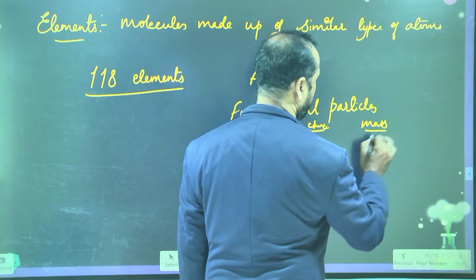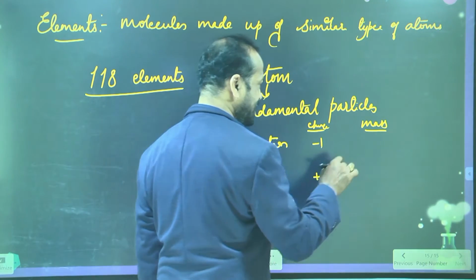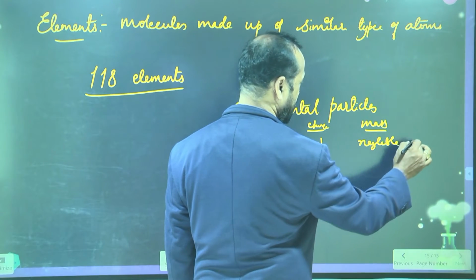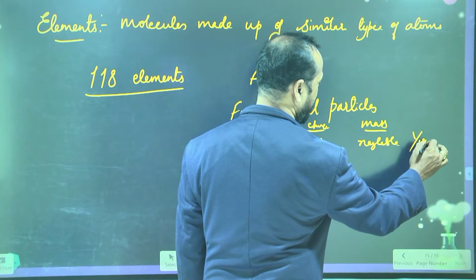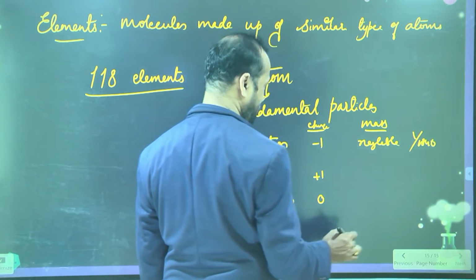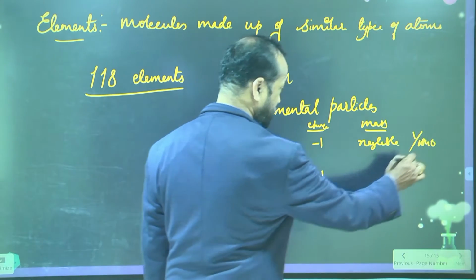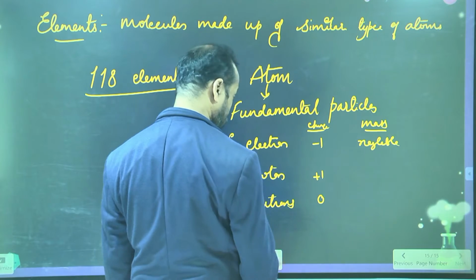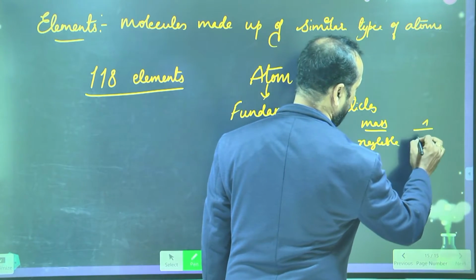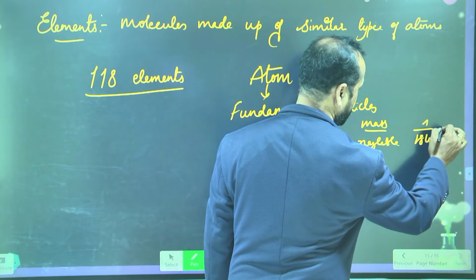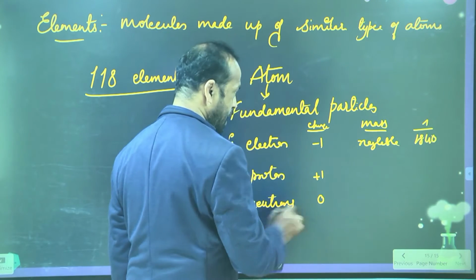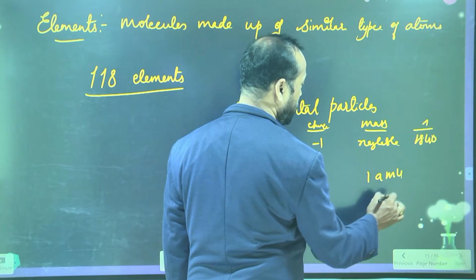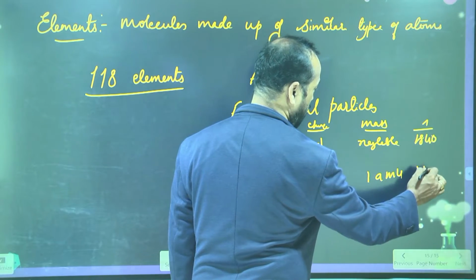Then coming to mass, the mass of an electron is negligible, meaning very less, so we don't consider it. Approximately we can write it as 1 by 1840 times the mass of a proton or hydrogen. The proton is considered approximately 1 AMU, nowadays written as 1 U also.